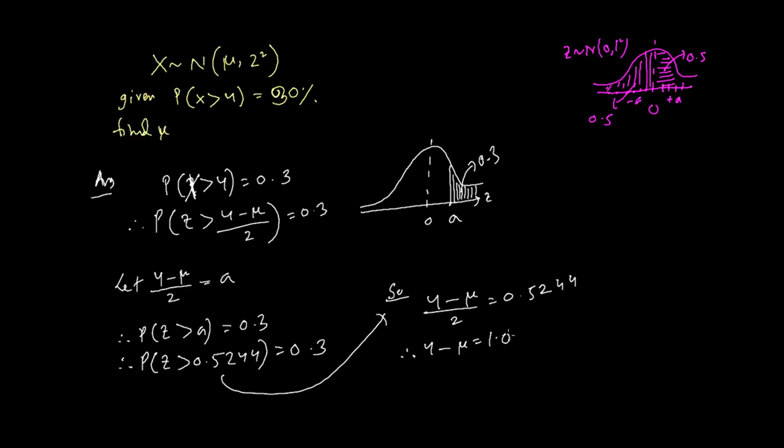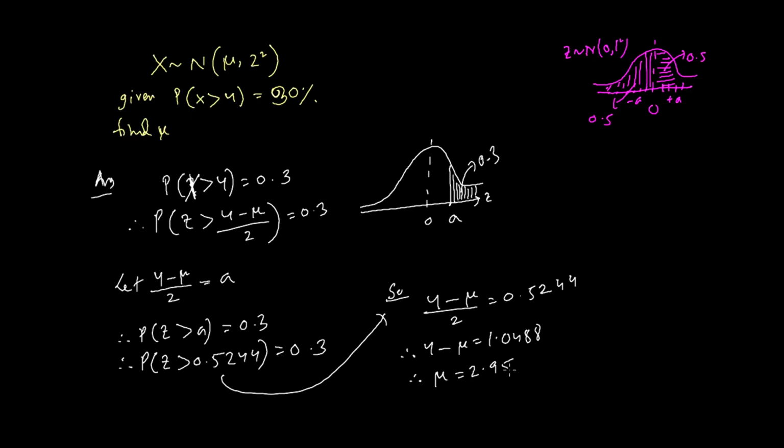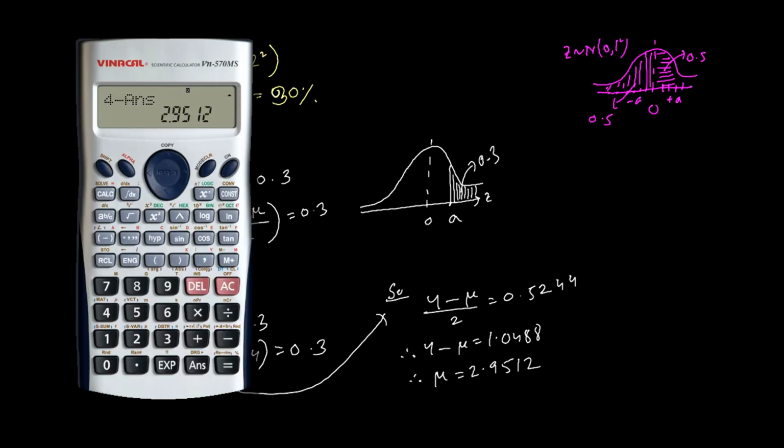So therefore mu equals to, if you send the mu to the other side and this to this side, it would be 4 minus 1.0488. So this would be 4 minus this answer, 2.9512.